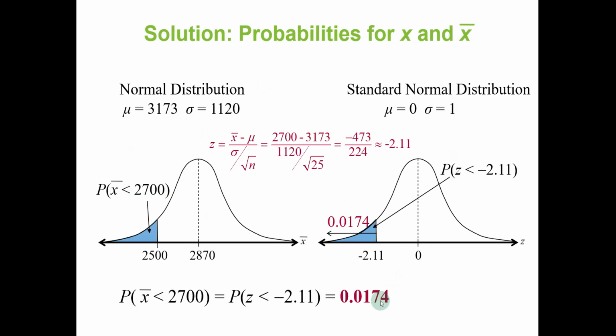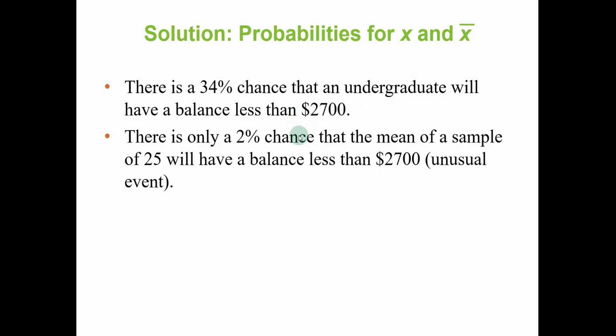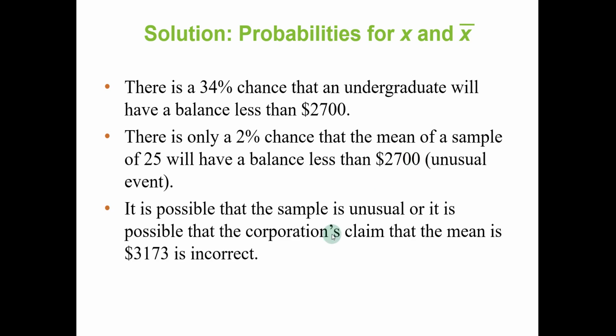And when we do the second computation, if you round it, you can have 2. So what we are saying is that there is a 34% chance that an undergrad will have a balance less than 2,700, and there's a 2% chance that the mean of a sample of 25 will be that. That's all.